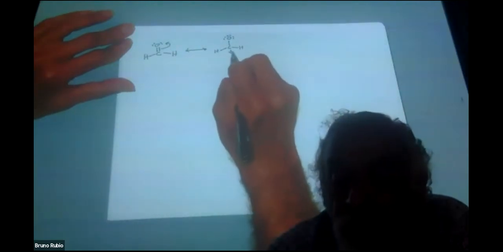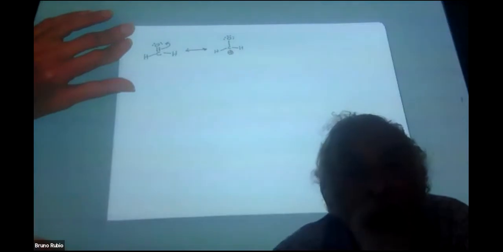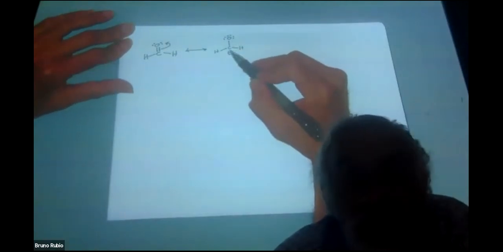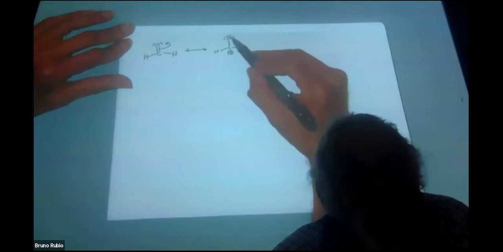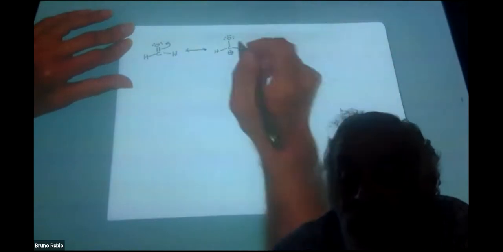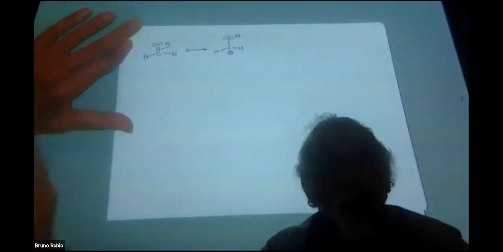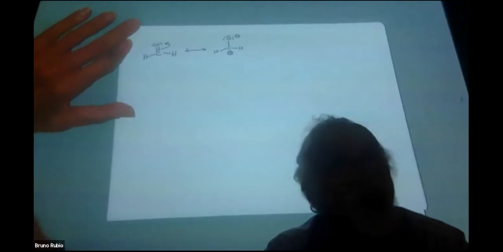So this carbon must have a positive 1 formal charge. This oxygen is group 6. 6 minus 1 bond is 5. 5 minus 6 unshared electrons is negative 1. This oxygen must have a negative 1 formal charge. So there's our first resonance structure.